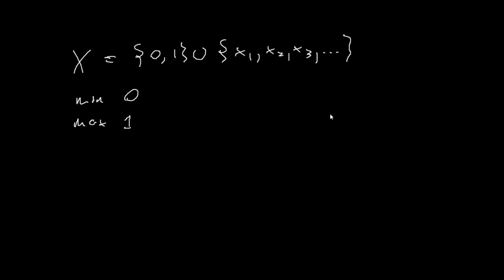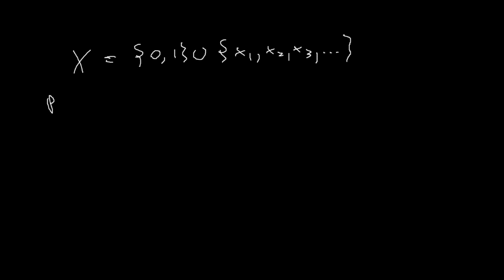And we have this enumeration by definition of countable infinitude of X. So because X is countably infinite, we can enumerate the elements between 0 and 1 as x1, x2, x3, and so on.